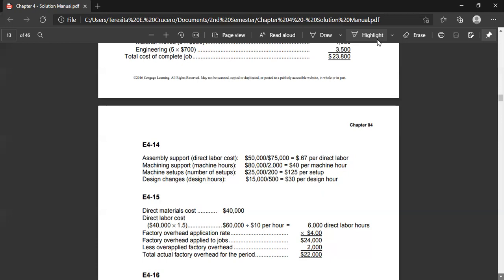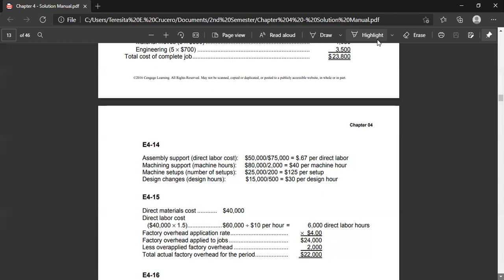So direct material cost is 40,000. Direct labor cost is 1.5 times that, and the rate per direct labor hour is $10. Factory overhead was applied on the basis of $4 per direct labor hour. What was the total actual factory overhead incurred for the period?